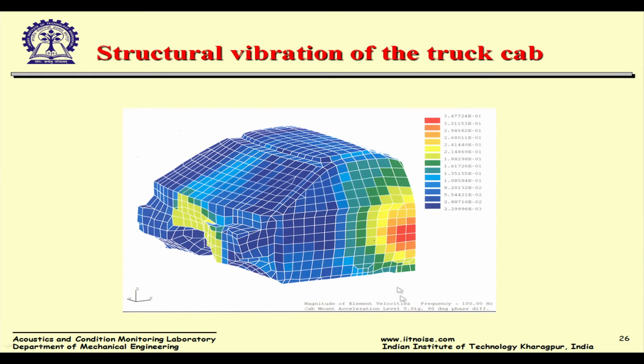These models are good from 0 to 500 hertz. If you excite the cab, these are the places where the high velocities are. This in turn is responsible for the acoustic response at the driver's right ear location. When we excite the cab at the mount locations, all the resonating modes get excited.